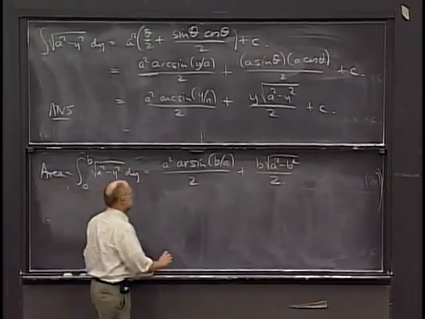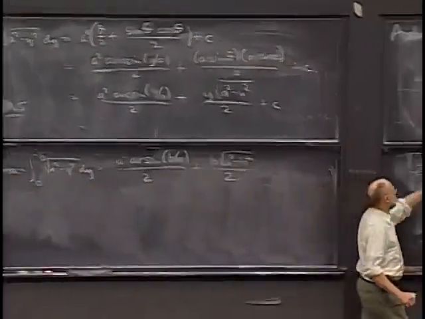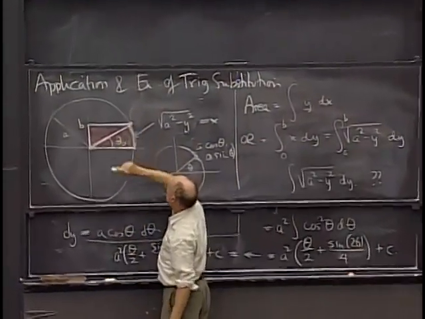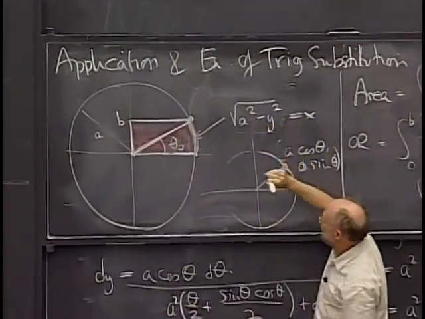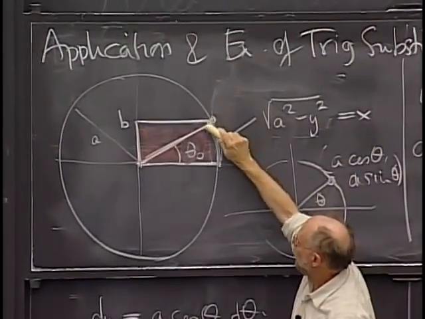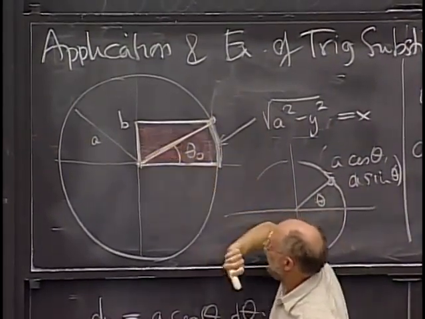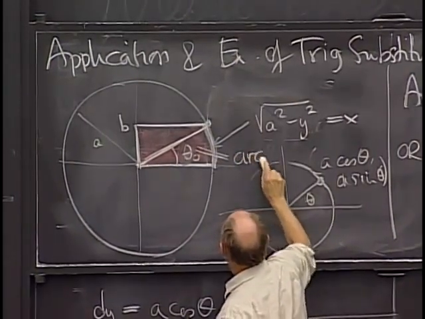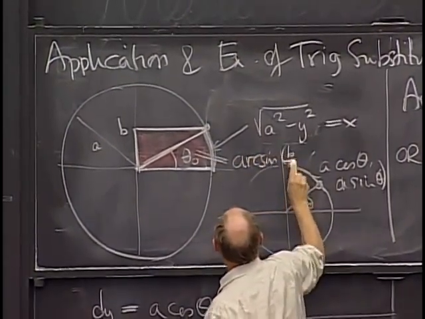Notice that this arc sine of b over a, that's exactly this angle. The arc sine of b over a is the angle that you get when y equals b. So this theta is the arc sine of b over a.